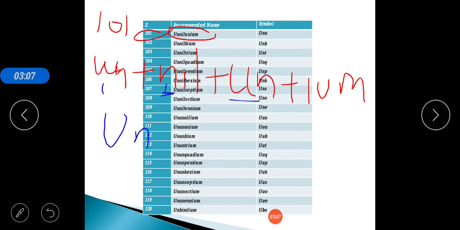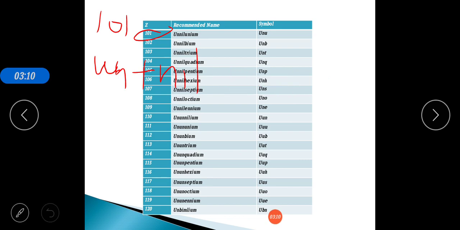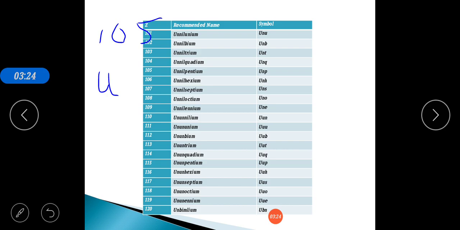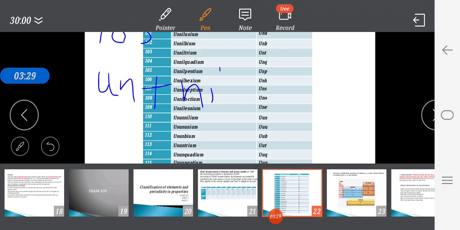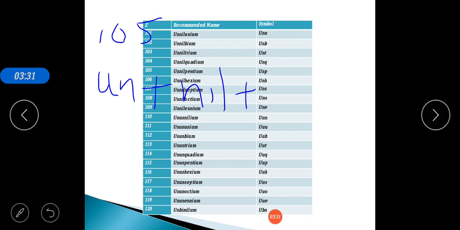We take another example, 105. For digit 1 we write un, for digit 0 it is nil, for 5 we use pent, plus -ium.